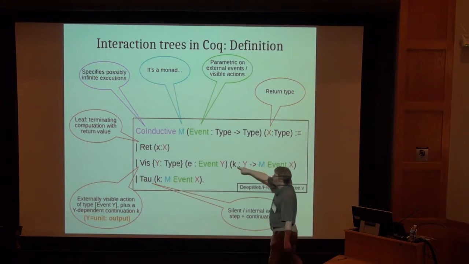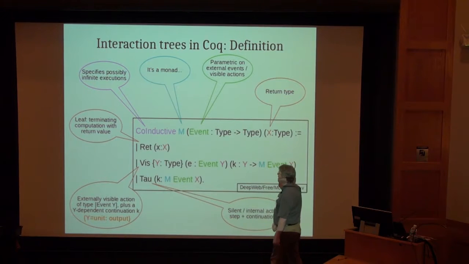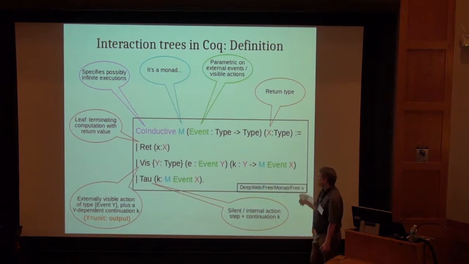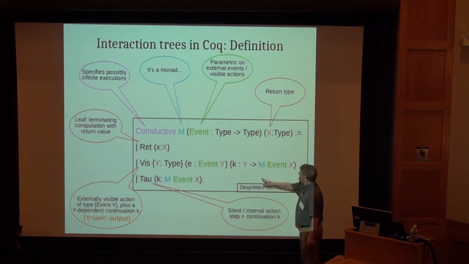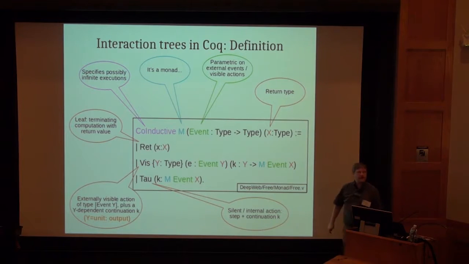Then we have the visible interactions, which take an arbitrary event parameterized by an additional type y. And then, in particular, if that event is one that provides input back to us, there's a continuation here which can depend on that return value.